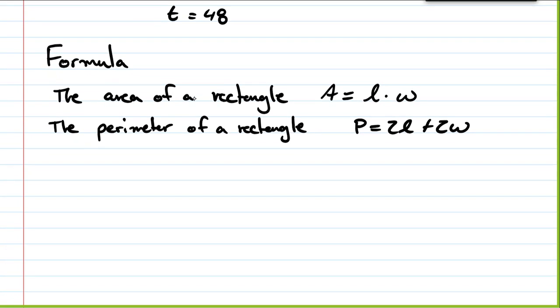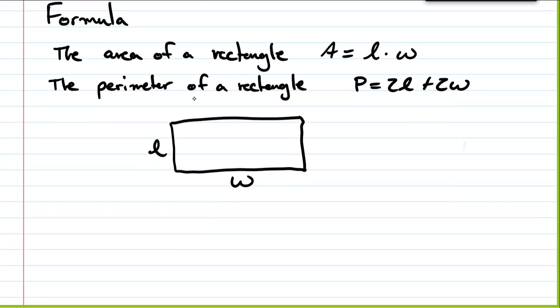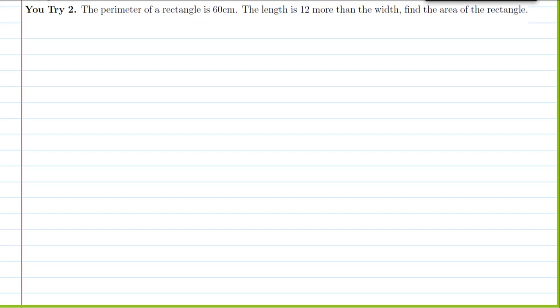So in terms of a diagram, we have our L and we have our W, and we have our area and our perimeter for said rectangle. So P equals 2L plus 2W, and area is equal to length times width.